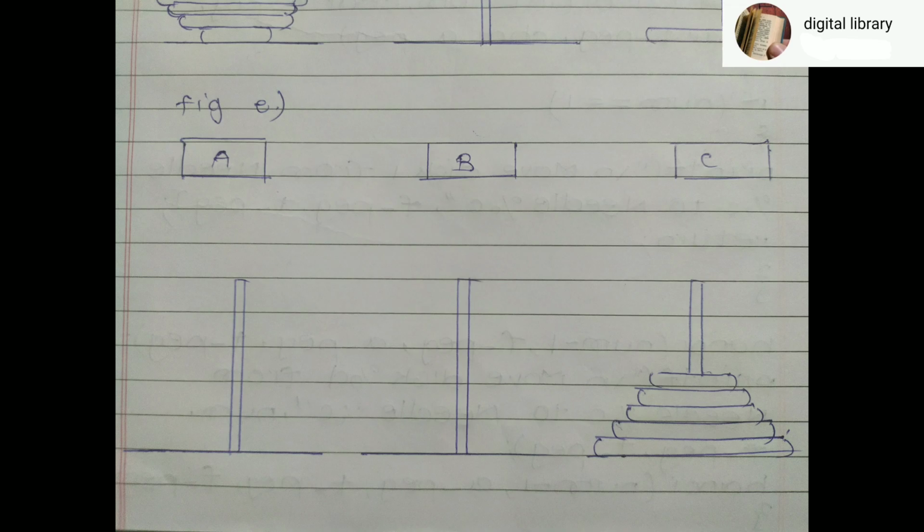In this figure, needles A and B are empty and C is full because all discs are inserted in C now.